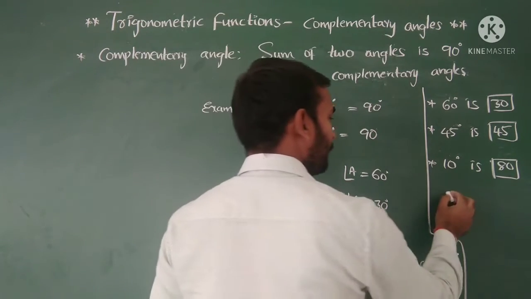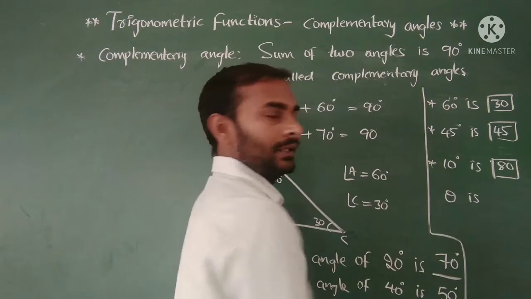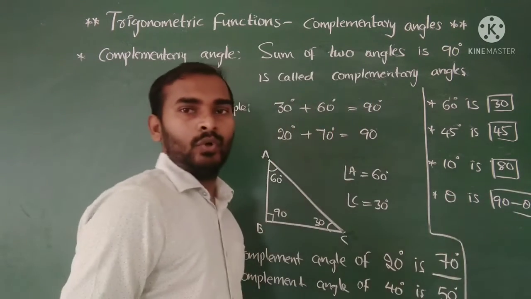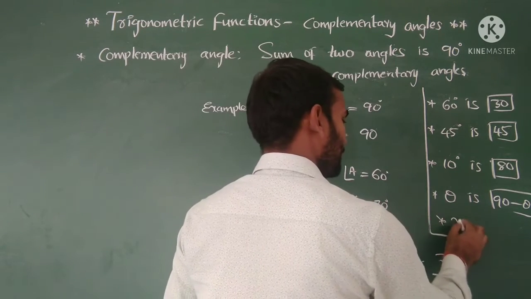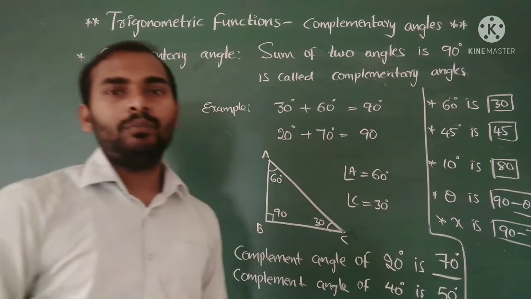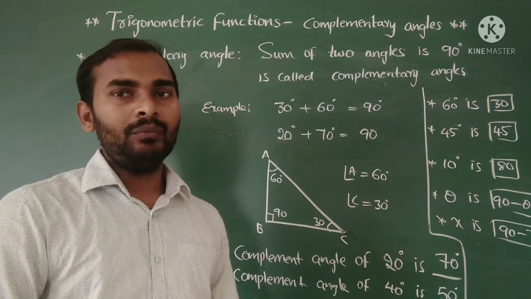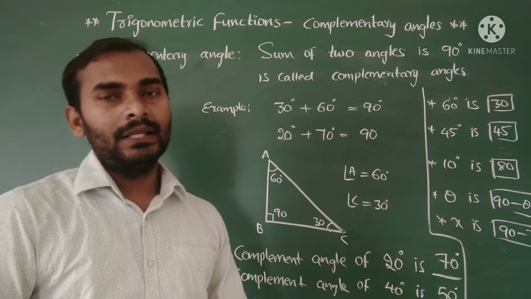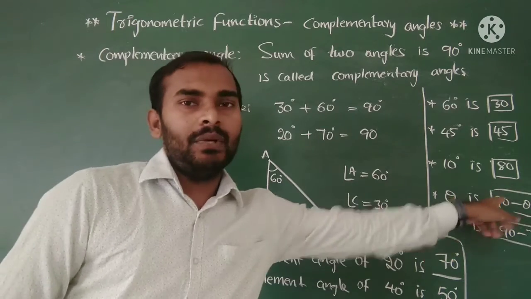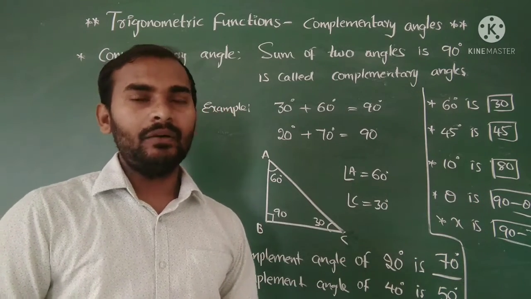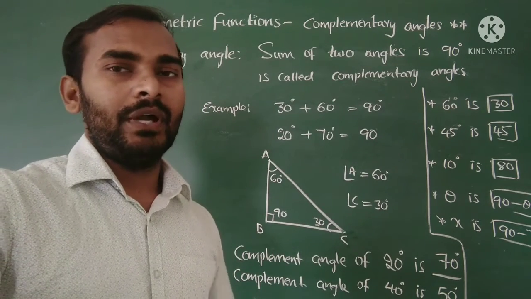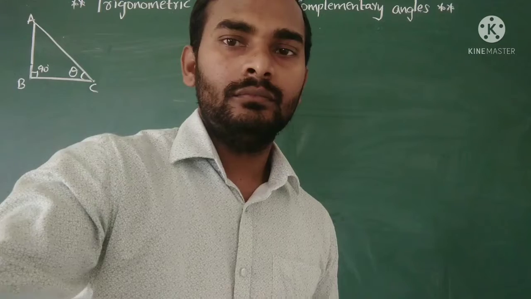So complement angle of theta is 90 minus theta. Complement angle of x is 90 minus x. So this is about complement angles. If the sum of two angles is equal to 90 degrees, then it is called complementary angles. Complement angle of theta is 90 minus theta. Complement angle of x is 90 minus x. Like this we can find out complement angles.